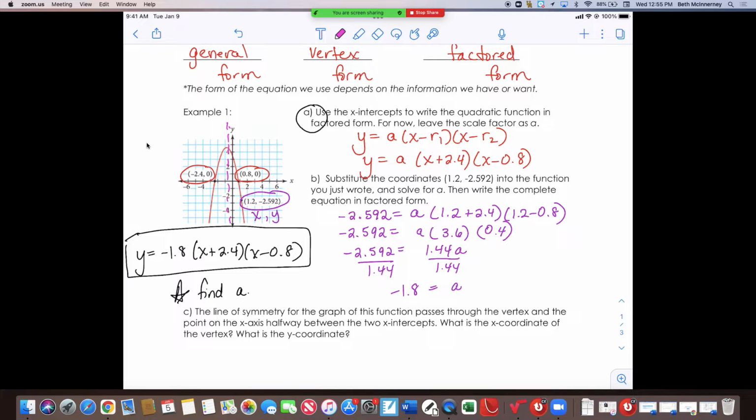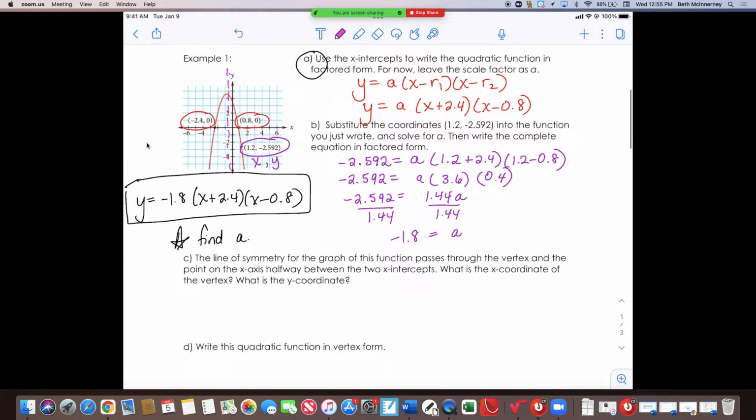Now, here's a beautiful connection to geometry. That halfway point is like the midpoint on the x-axis between the x-intercepts. So watch what I'm going to do. I'm going to take negative 2.4 plus 0.2 and divide by 2.